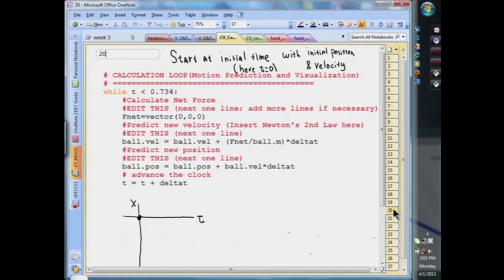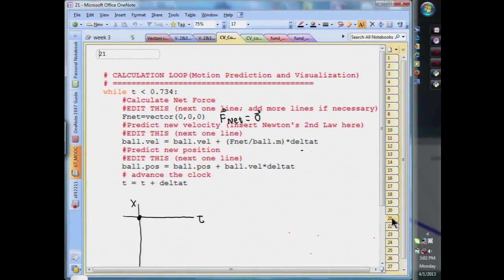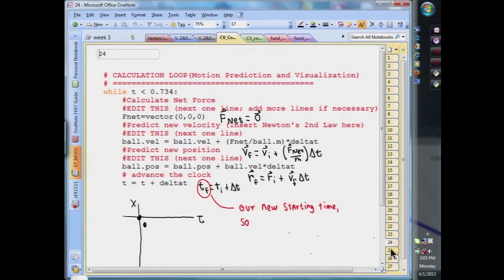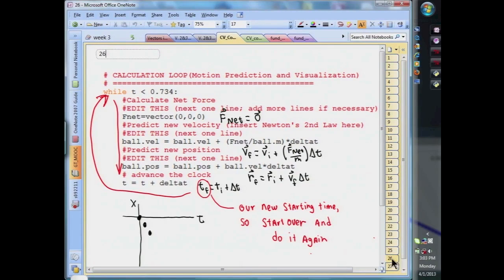Starting from the very beginning with the initial position and velocity we just discussed, and under the assumption of no net interactions from the surroundings, apply Newton's second law to predict the new velocity a short time later, then use that to predict a new position, and now at the new time, a small time interval, delta t later, we start over and we do the whole thing again and again and again.